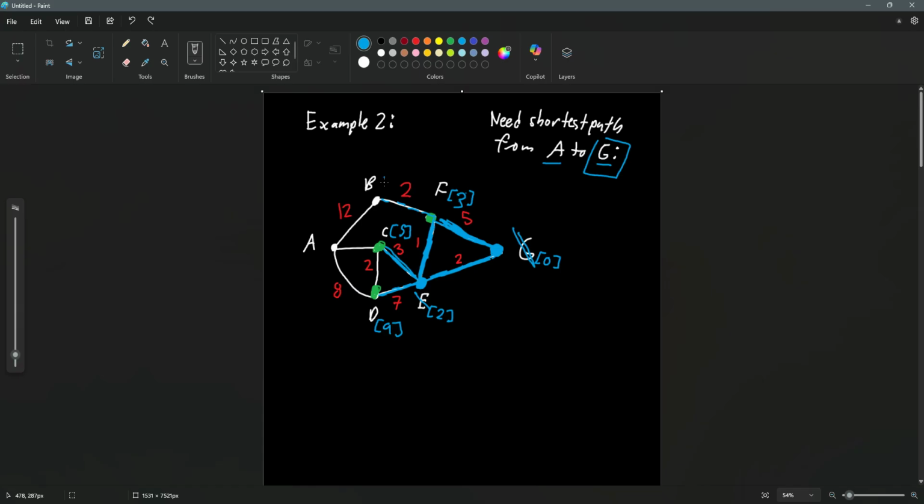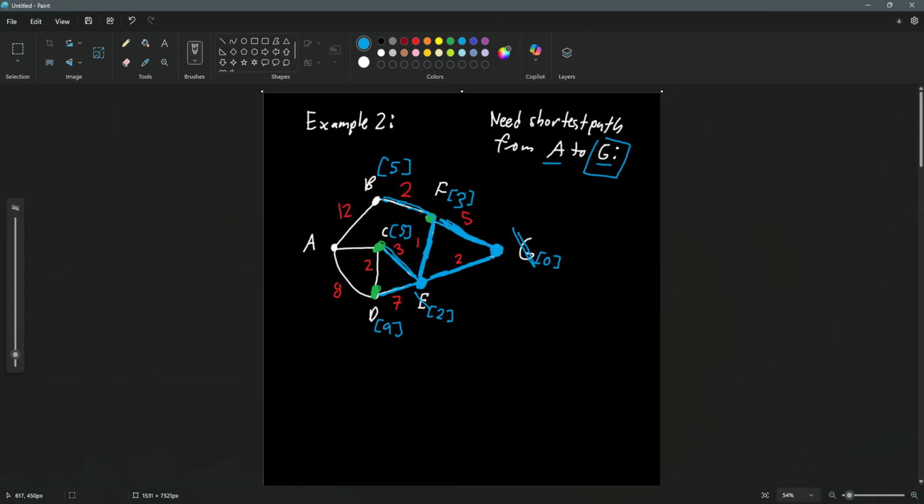So does B have a number? And the answer is no, I haven't given it a little number yet. So since it doesn't have one yet, the number I'm going to give it is going to be the weight, the length, whichever word you want to use, of the edge that we're talking about, which is 2, plus the number that is attached to F. So 2 plus 3 is 5.